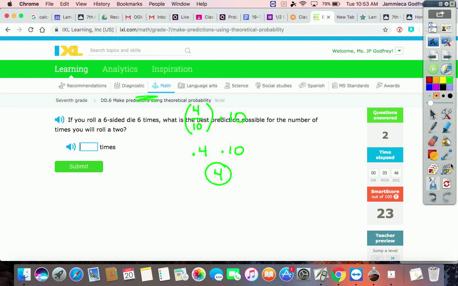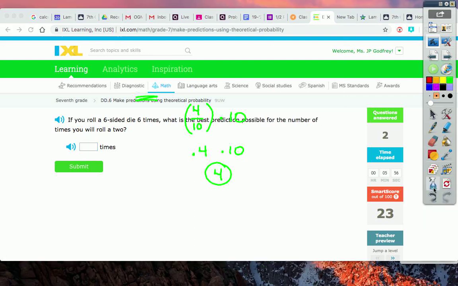Now, if you know how to multiply straight across, that's perfectly all right, because you're going to have to multiply and you're going to have to reduce. So if you roll a 6-sided dice 6 times, what is the best prediction that you will roll a 2? We know that is 1 out of 6. We always find the probability of our first event if we did it one time.